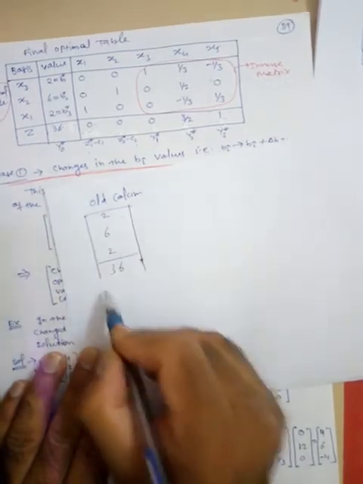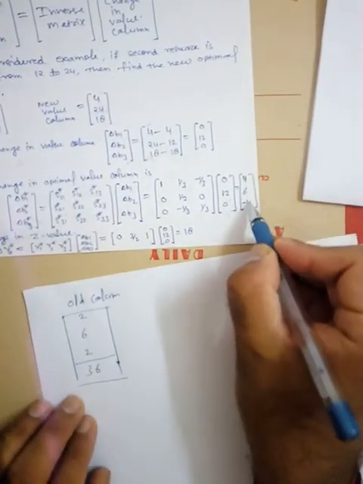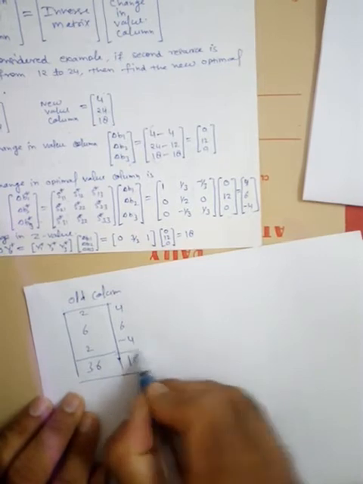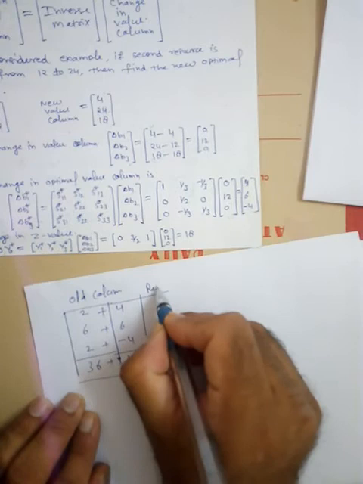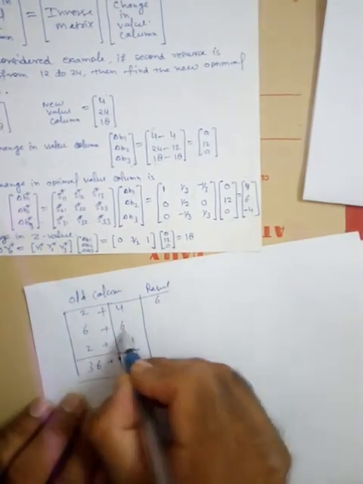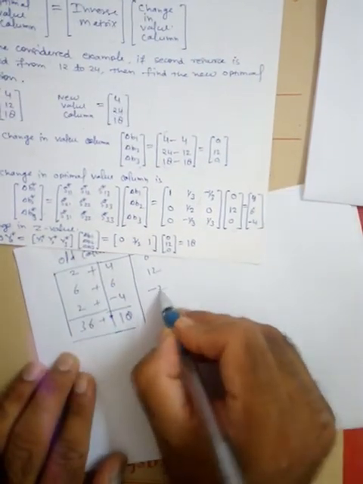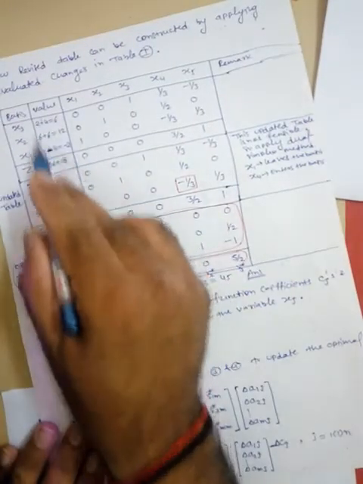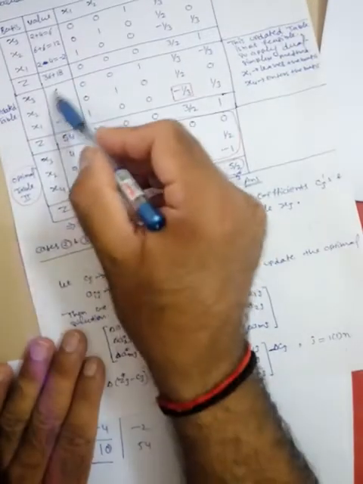The changes are 4, 6 and minus 4, and delta Y0 is computed as 18. Now we add: 4 plus 2 is 6, 6 plus 6 is 12, 2 minus 4 is minus 2, and 36 plus 18 is 54. We insert it here, and this is the revision.